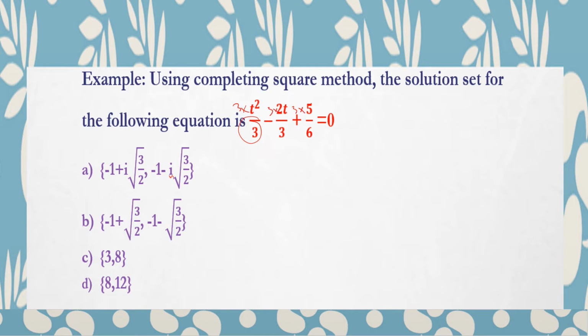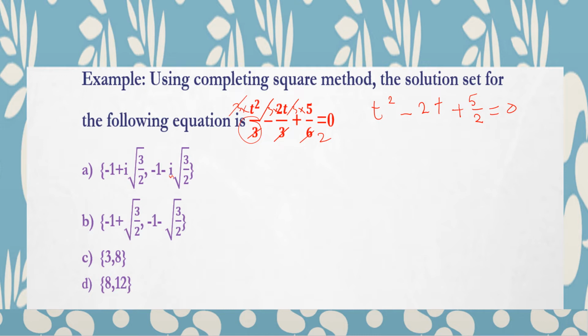So 3 goes with 3, and 3 goes with 3, and 3 goes with 6 gives 2. So t squared minus 2t plus 5 over 2 equals 0.